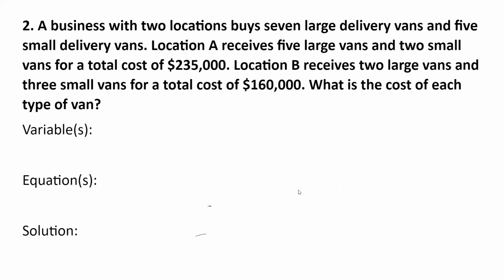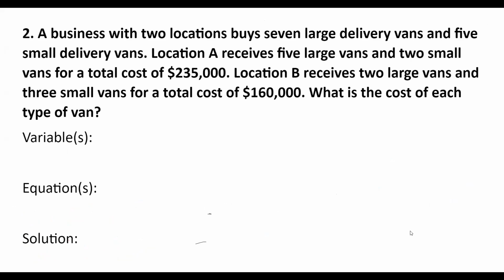Okay, you should have already read the problem, but I am still going to do that with you all. A business with 2 locations buys 7 large delivery vans and 5 small delivery vans. Location A receives 5 large vans and 2 small vans for a total cost of $235,000.